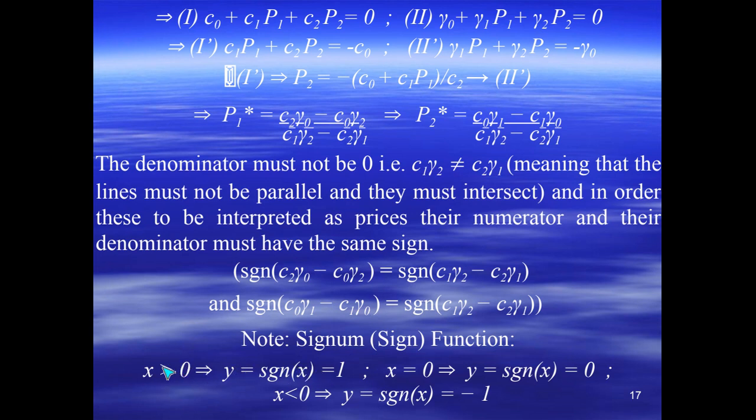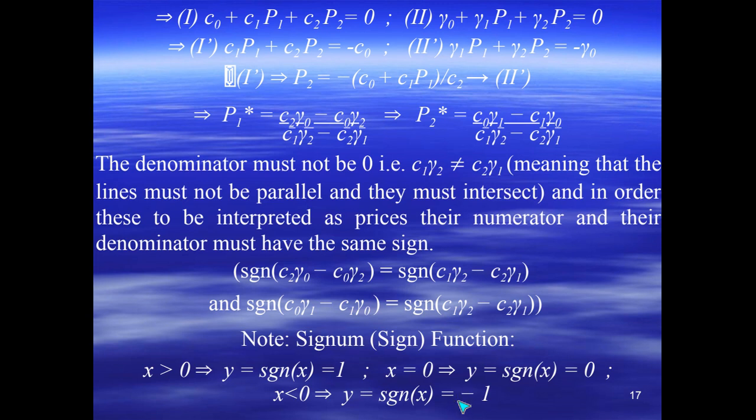Meaning, if x is greater than 0, y equals signum x is equal to 1. If x is 0, y equals signum x is equal to 0. And if x is negative, less than 0, then y equals signum x returns a value of minus 1. So it has three values: 1, 0, and minus 1. You see?